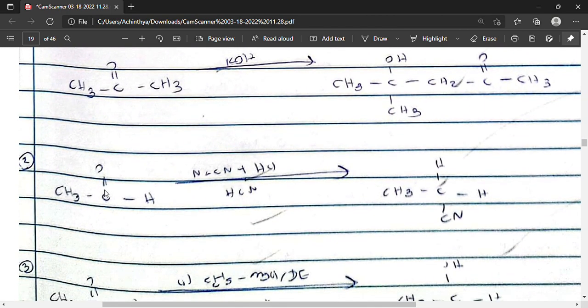This is another reaction we can do to carbonyl compounds. Here we have an aldehyde, and we can do this to ketones also. If we were to add NaCN, sodium cyanide, and dilute hydrochloric acid, basically HCN, hydrogen cyanide. Basically it's hydrogen cyanide, but we add this to form this.